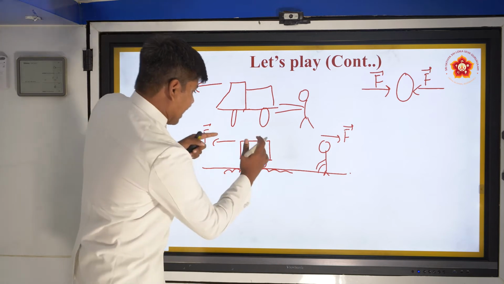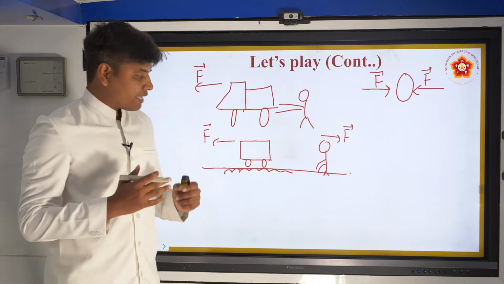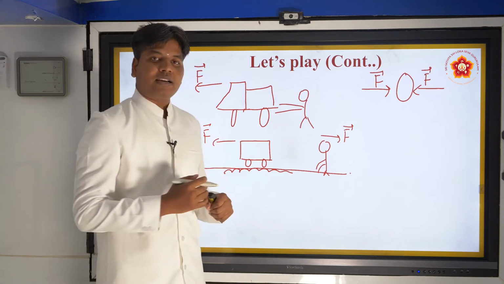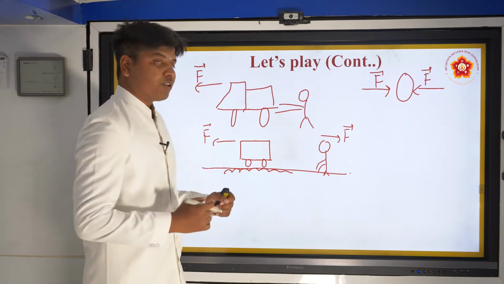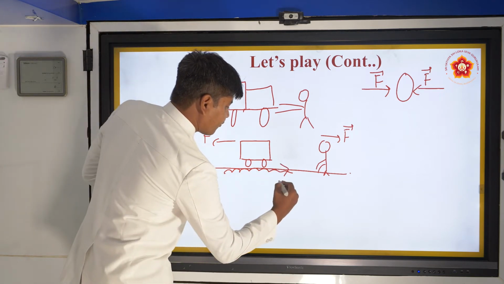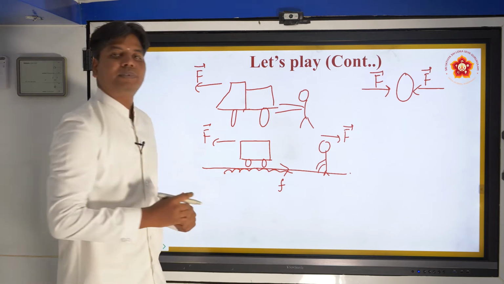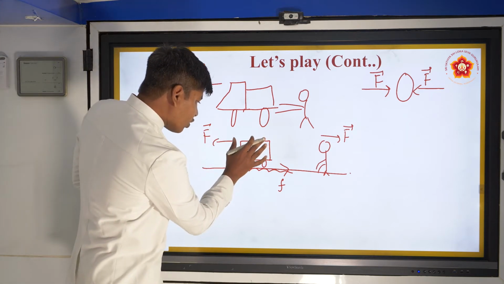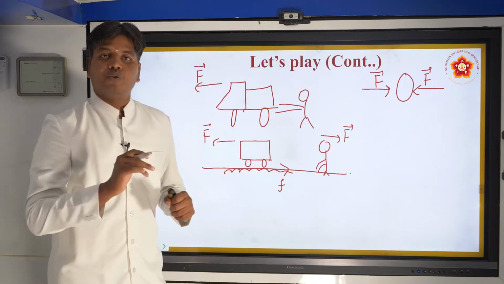As the truck is a massive object with a huge mass, the static friction for this truck by the ground will be more. So the ground is applying an opposite force of friction on this object, which is halting this truck from moving.